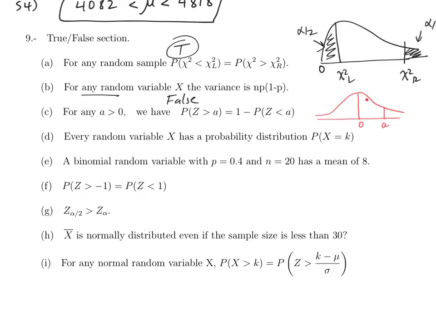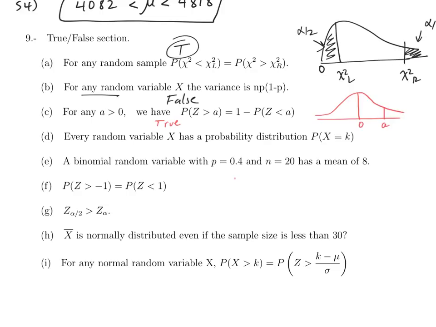But if you do less than A, and then you subtract that from 1, you will end up with this part left only. So that's why this is true. Again, the whole thing equals 1. So if you subtract this part, you're going to end up with this part left only, which is exactly just greater than A.